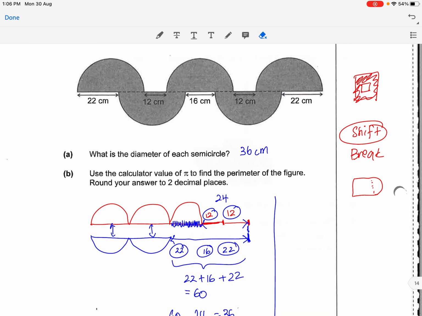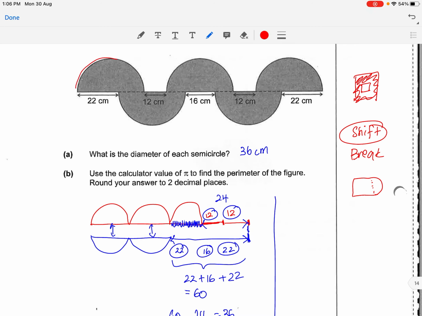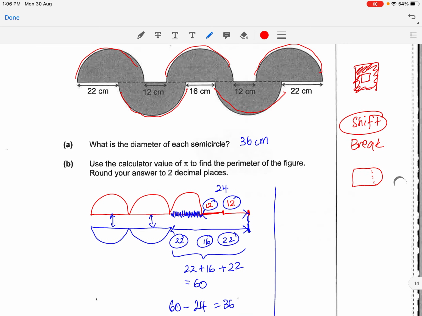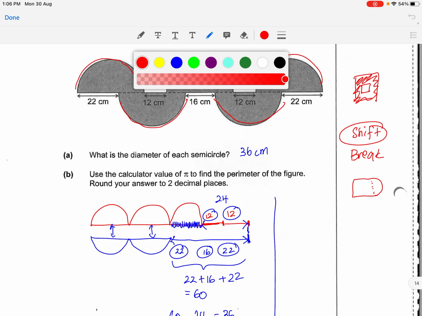And don't forget, every time the question mentions perimeter, it includes straight lines as well. So I have 5 semicircles, and I would have the straight lines, which I'm going to indicate in blue.